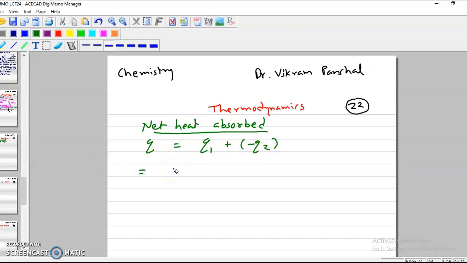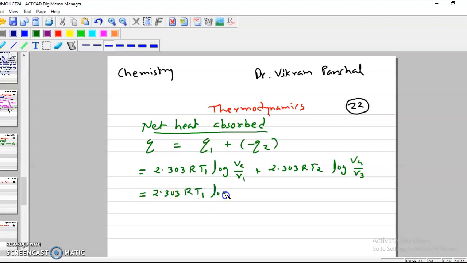Q1 is, you know, we have already derived the formula, 2.303 RT1 log V2 upon V1, and for Q2 we write 2.303 RT2 log V4 upon V3. Since V4 is less than V3, we can change the sign, and that is why we write 2.303 RT1 log V2 upon V1 minus 2.303 RT2 log, now we can reverse this, so V3 upon V4.